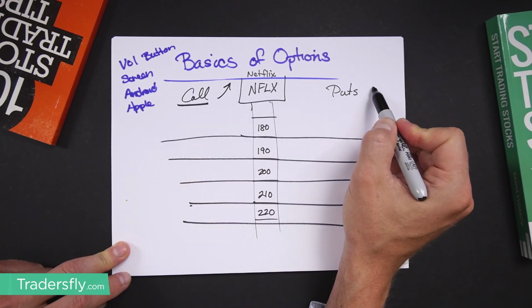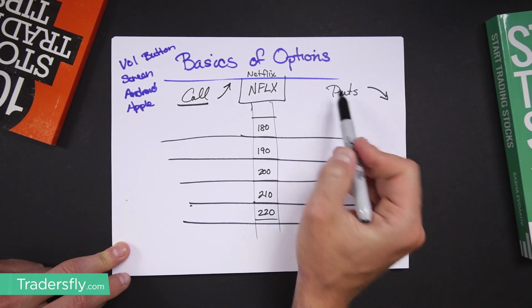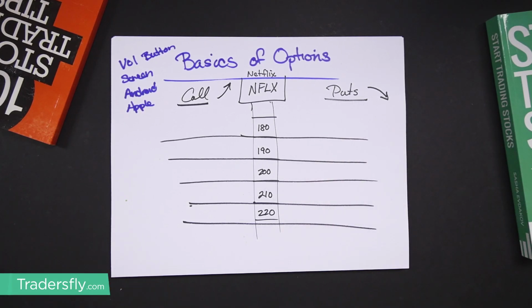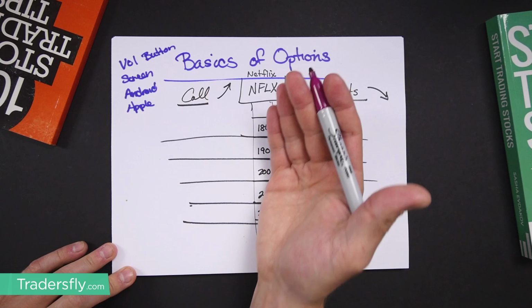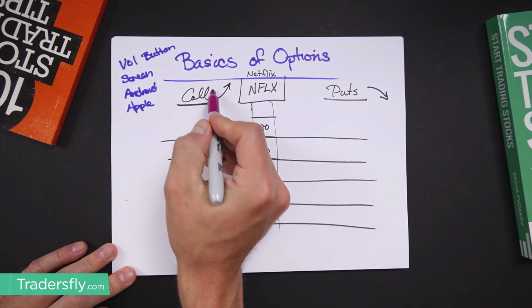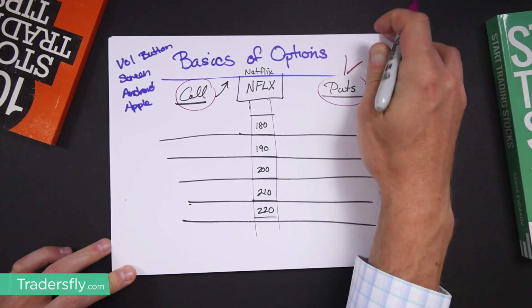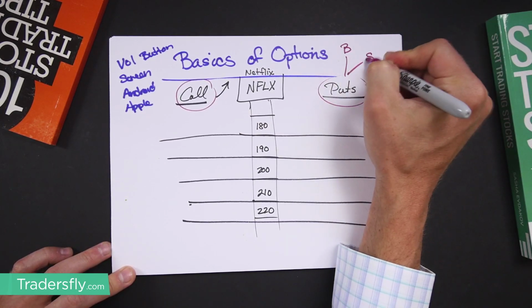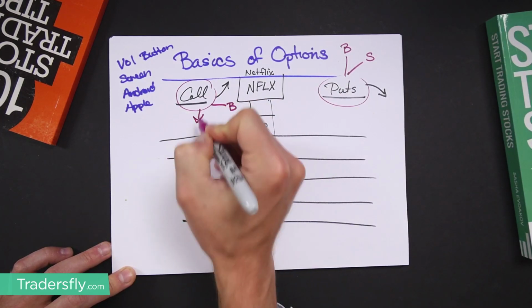If you're a buyer of a put, you're looking for things to go down on the put side. But remember, there are 4 parts to the trade. Just like in the insurance company, you could be the buyer and the seller. Here you could be the buyer and the seller of the calls, and a buyer and a seller of the puts. So you can buy these or sell these.